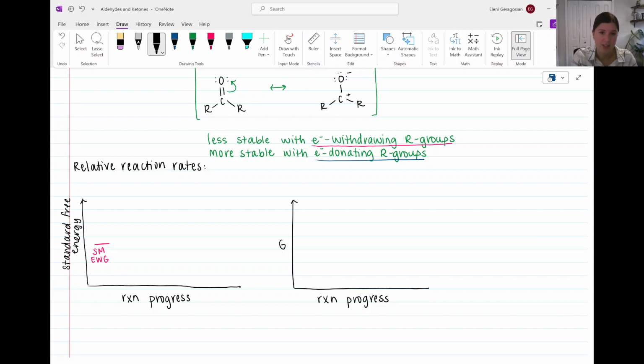So G for standard energy, same thing as standard free energy on the first diagram. We have our starting material at this relative energy. The starting material with an electron donating group is more stable, so it would exist at a lower energy than the starting material with electron withdrawing group.